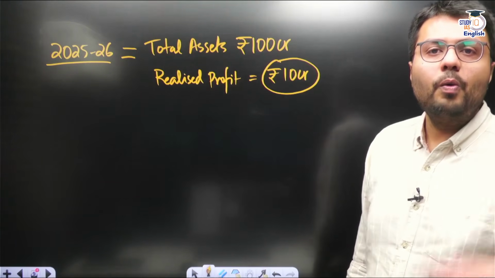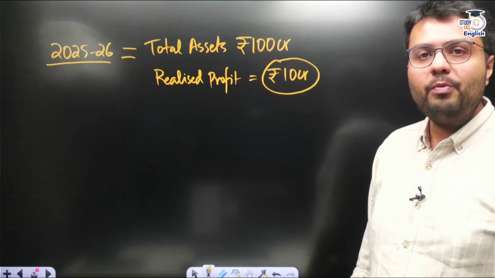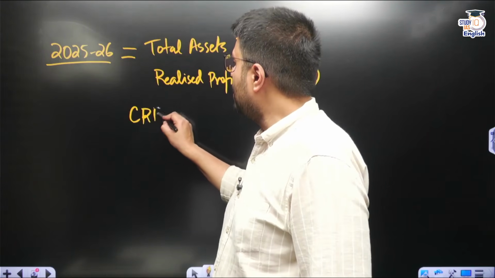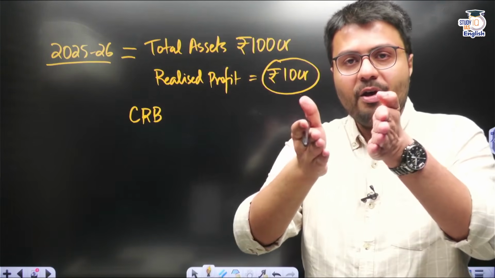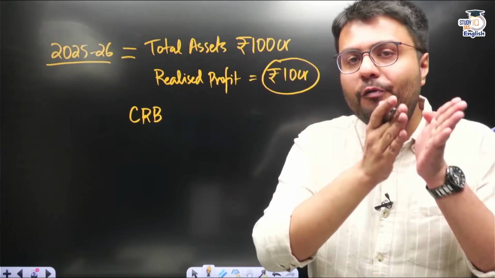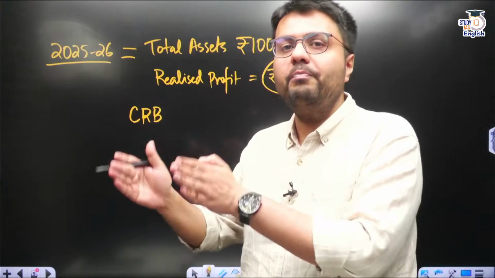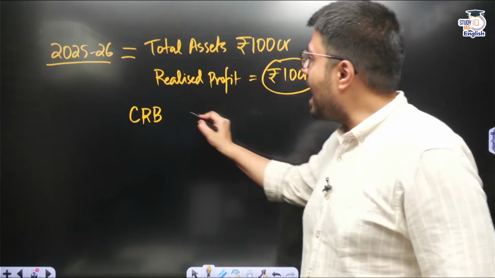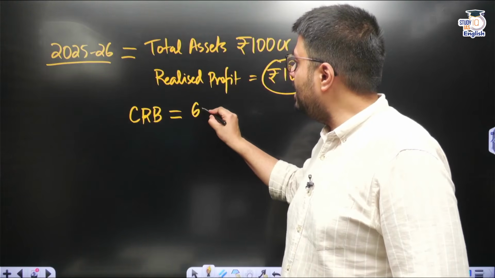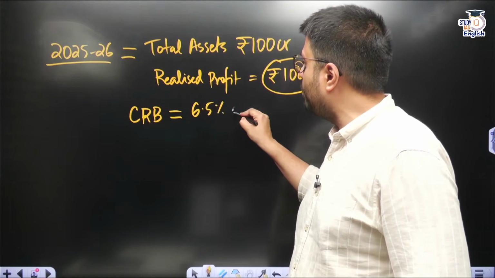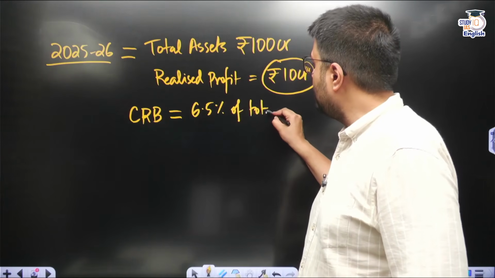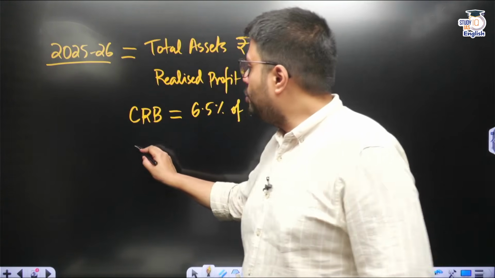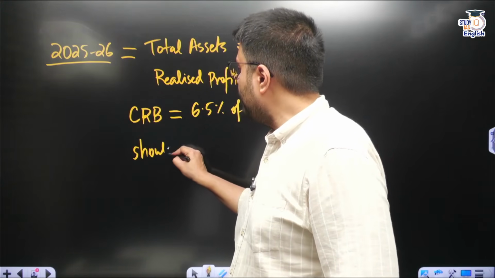The answer is no. What did the Economic Capital Framework say? The Economic Capital Framework said that you can fix the contingency risk buffer for any value between 4.5 to 7.5% of the RBI's total assets. This year, RBI has fixed that the contingency risk buffer would be 6.5% of its total assets. So what should be the contingency risk buffer?